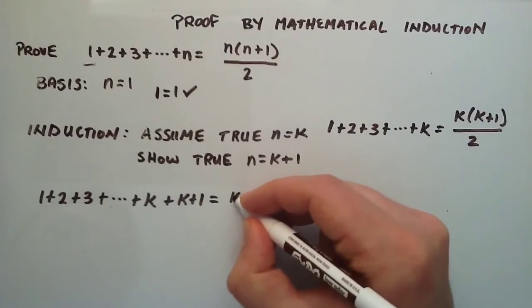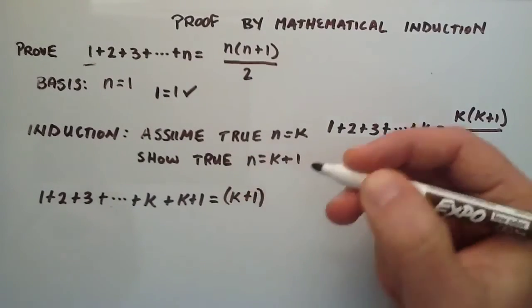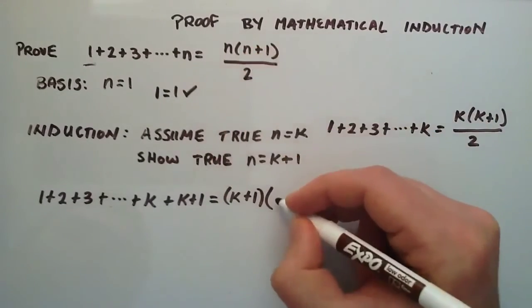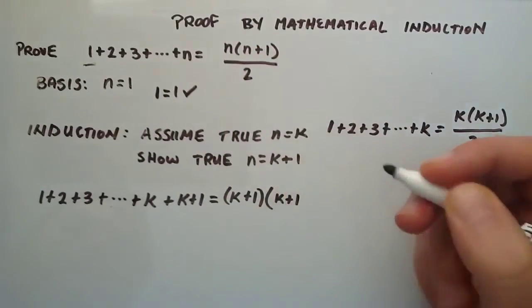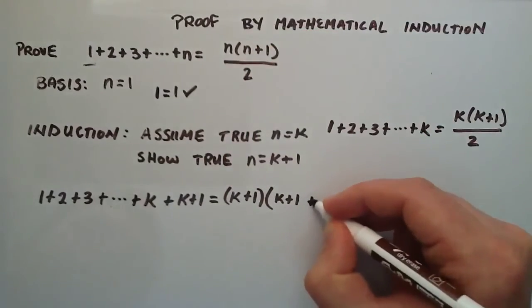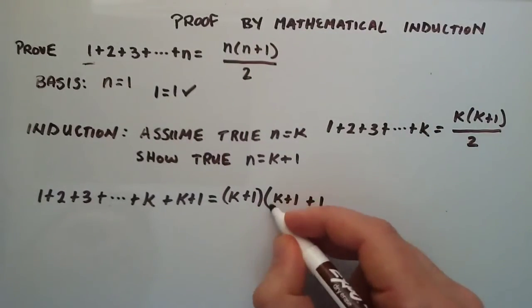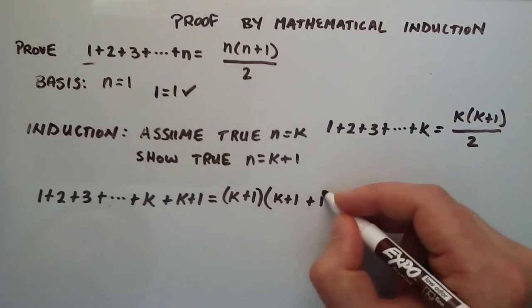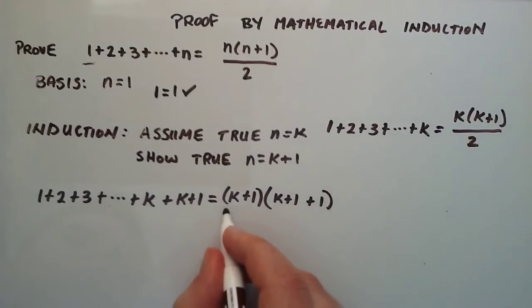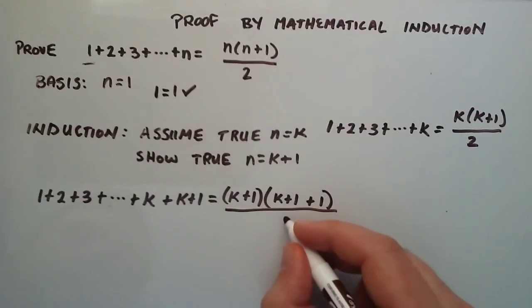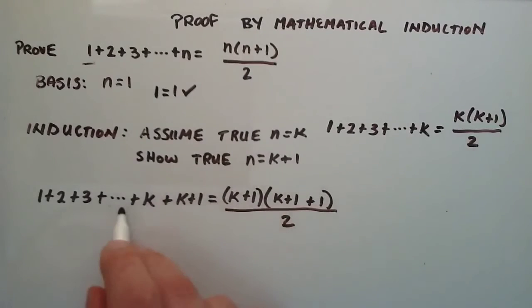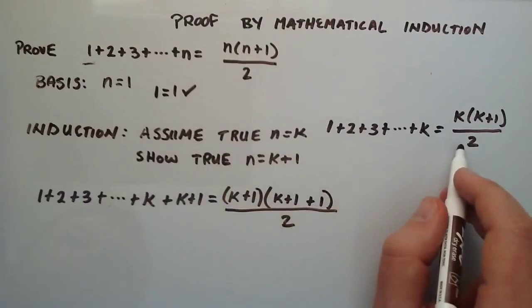So this is going to be k plus 1 for that part, and that's multiplied by k plus 1, plugging that in where the n is. And then we have plus 1. We could put this in parentheses to set it apart, but we're just going to be adding these anyway, so I'm going to leave it like this. And we're going to divide that by the 2 here. So we're assuming this is true, and we're going to show that this is true based off of this assumption.